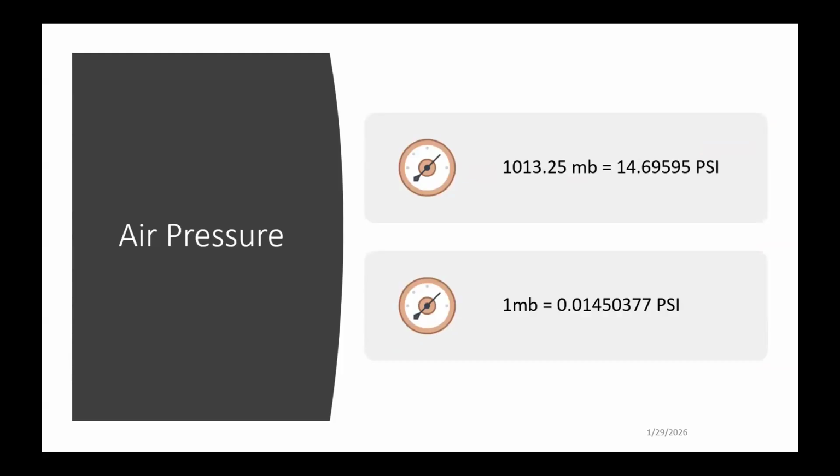International standards. The real thing that I want to point out here, the 1013 millibars is roughly 14.7 psi. But notice how small of a psi number 1 millibar is.